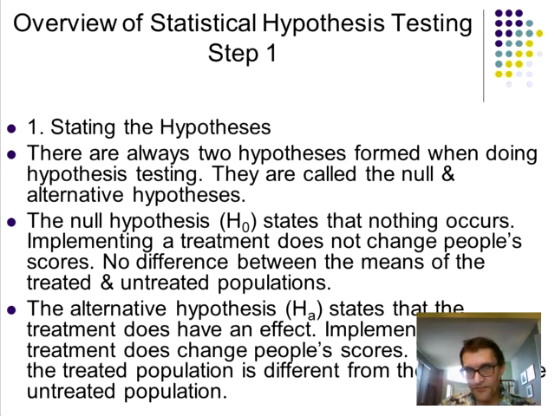Nothing happens. The alternative hypothesis is always the hypothesis that, yes, the manipulation that you have done, or addition of this class, has in fact changed people or changed the average. Okay? So the null, nothing happens. The alternative, yes, that manipulation that you have created has in fact made a difference. Okay?